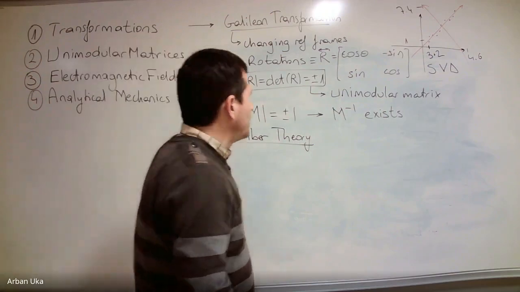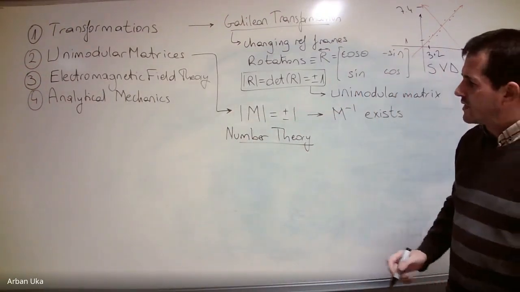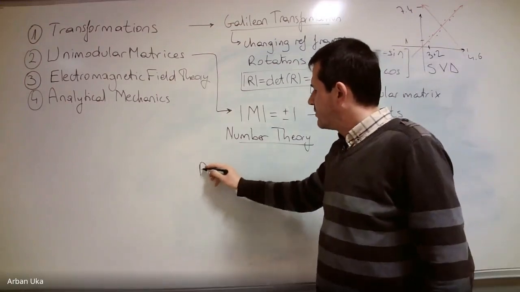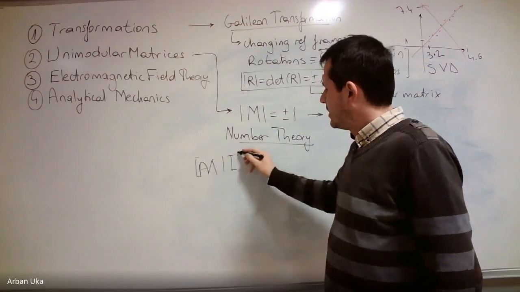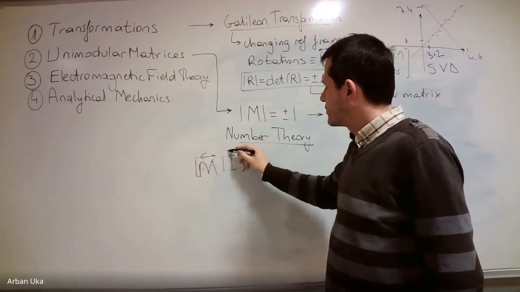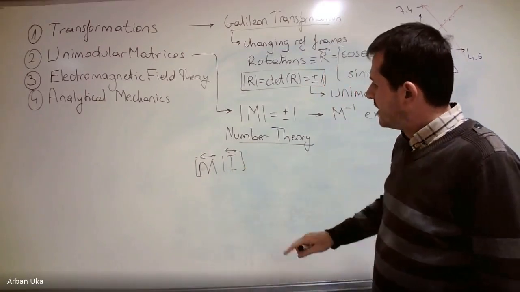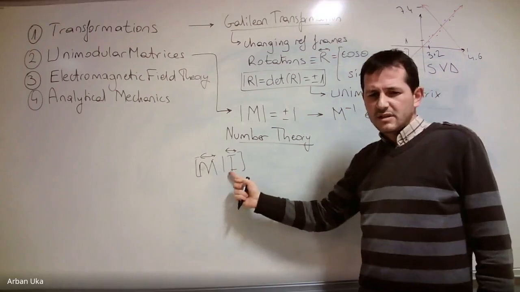Now, when we calculate the inverse, we have several techniques. One of them is the following. We have a matrix M, and we write the other matrix next to it. We call this an augmented matrix.